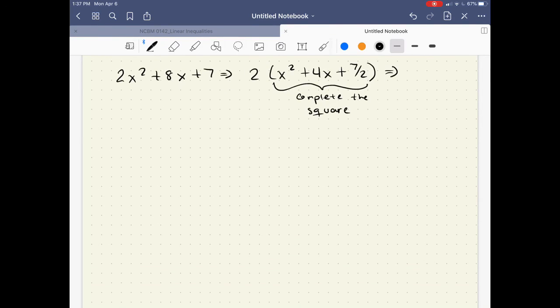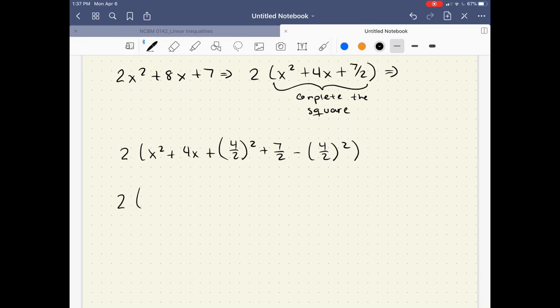So, therefore, I have 2 times (x squared plus 4x plus (4 over 2) squared plus 7/2 minus (4 over 2) squared).